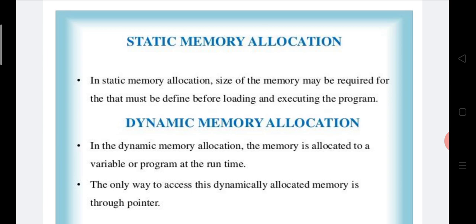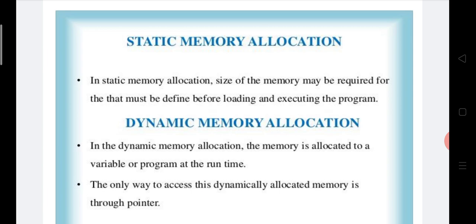In static memory allocation, the size of the memory required must be defined before loading and executing the program. Static memory means that before executing the program, when we allocate the memory for the variable, it is called static memory allocation.